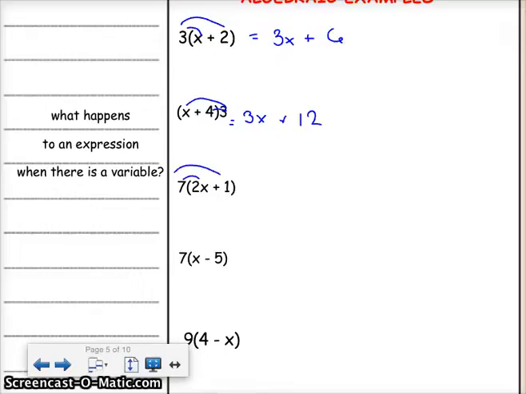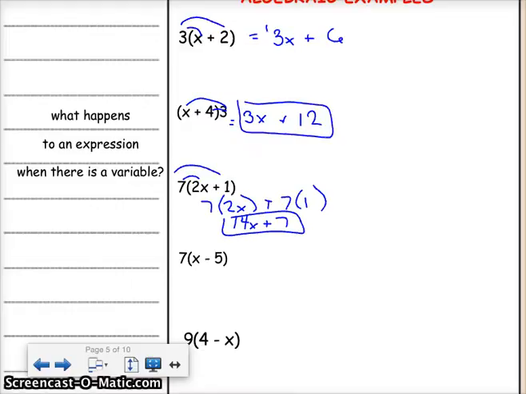There's just lots of examples here. Now the 7 is sticking, so it means distribute. So it's 7 times 2x plus 7 times 1. I'm expanding it. You didn't have to expand it, which is 14x plus 7. Remember, you can't combine these because they don't both have an x on them.